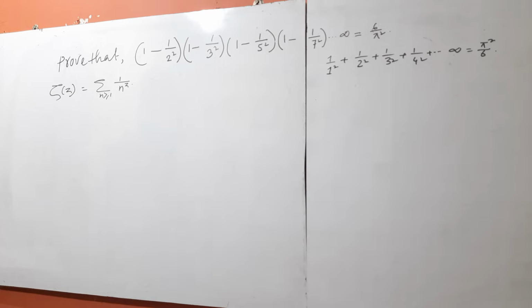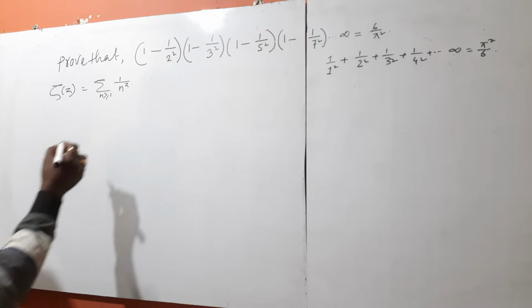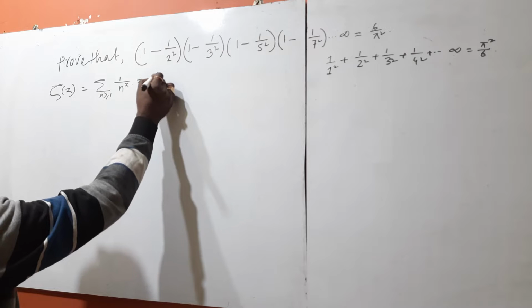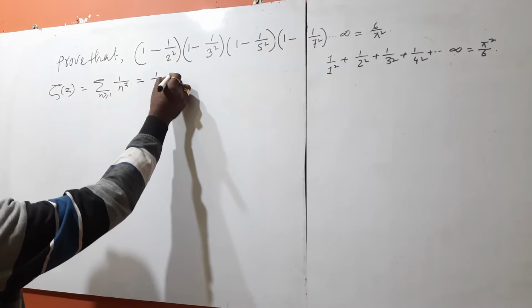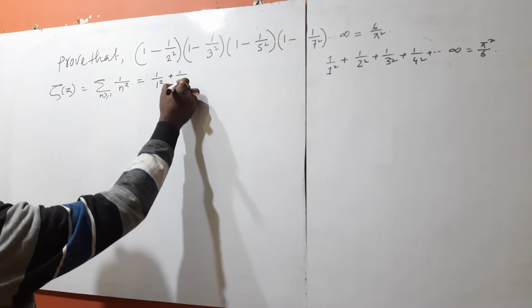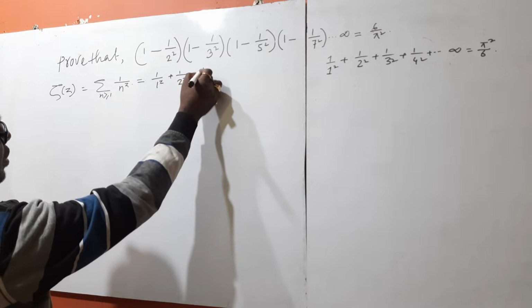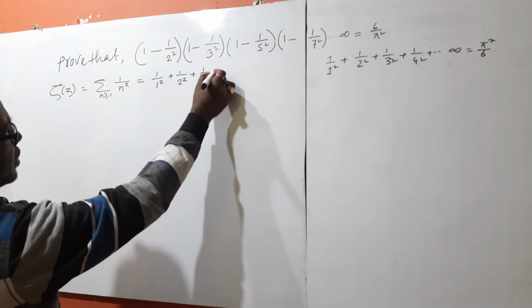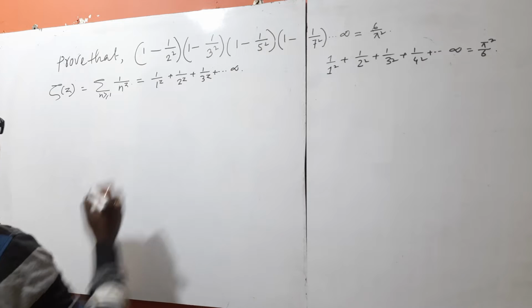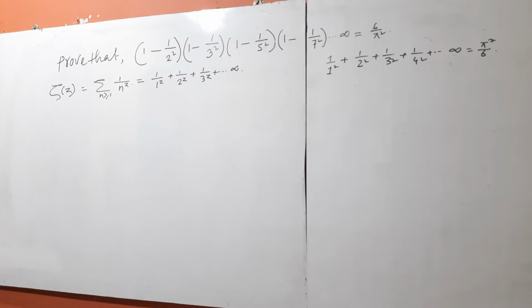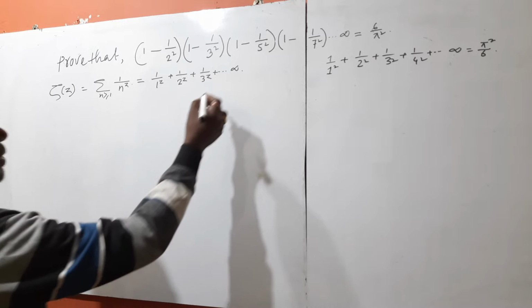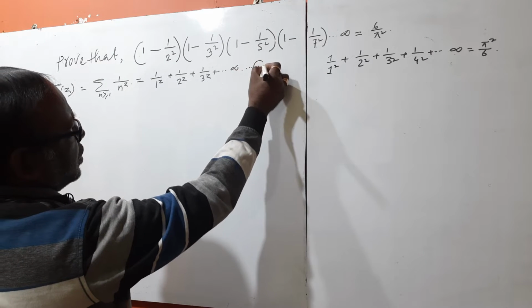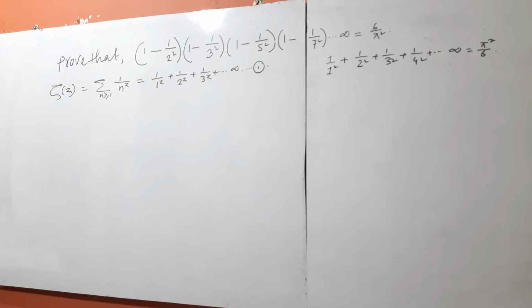Okay, so now this is equal to 1 over 1 to the power z plus 1 over 2 to the power z plus 1 over 3 to the power z plus and so on to infinity. Let us assume this as equation 1.